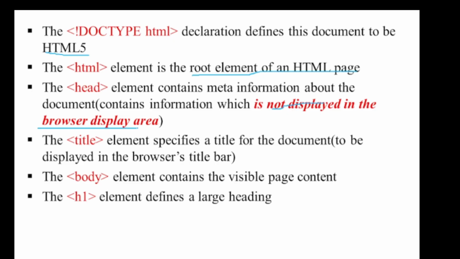You have to read this one. The head content is not displayed in the browser area. When you come to title, this specifies the title for your document, which is displayed in the browser title bar. We'll see that when we start our lab demonstration.